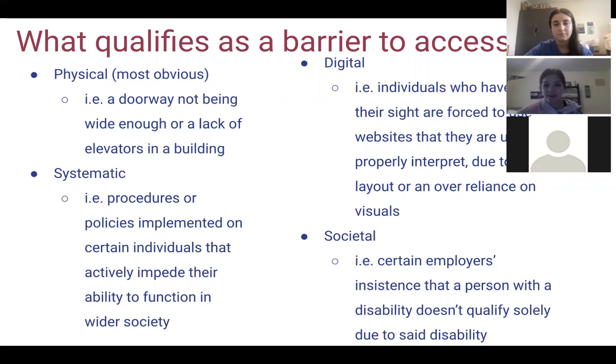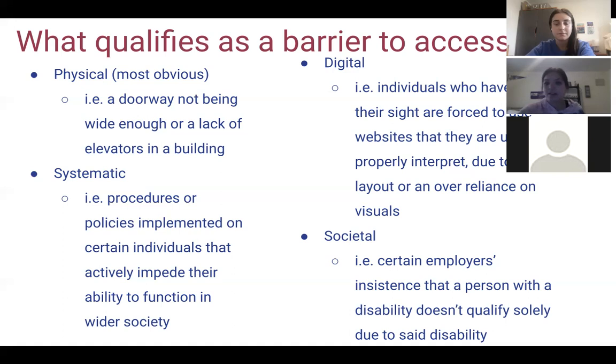Systematic barriers are procedures or policies that are implemented on certain individuals that impede their ability to function in the wider society. So they're almost discriminatory policies that target people, but find a loophole to get away with it.